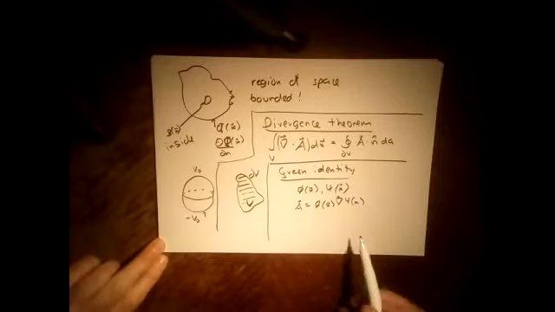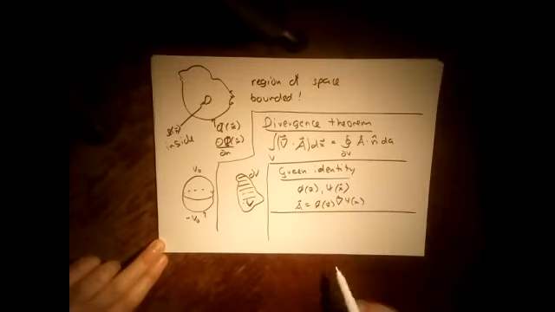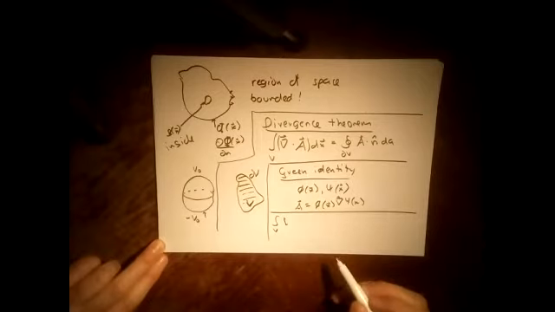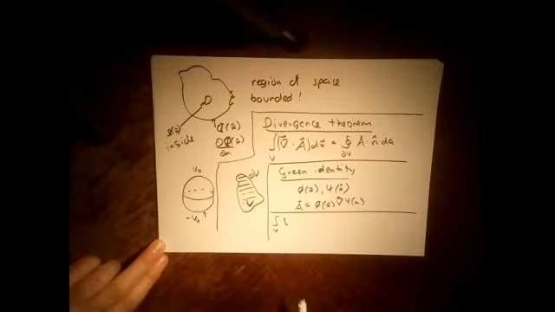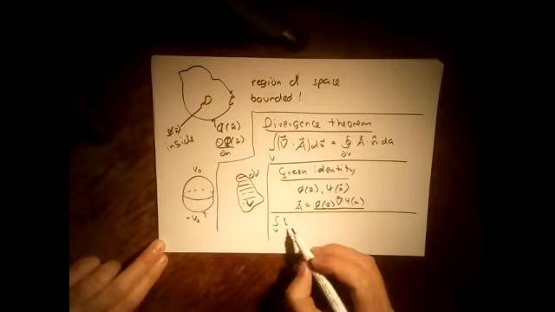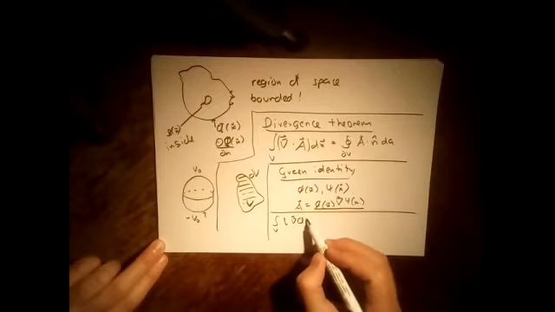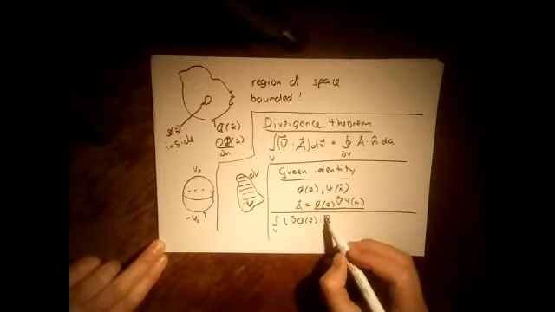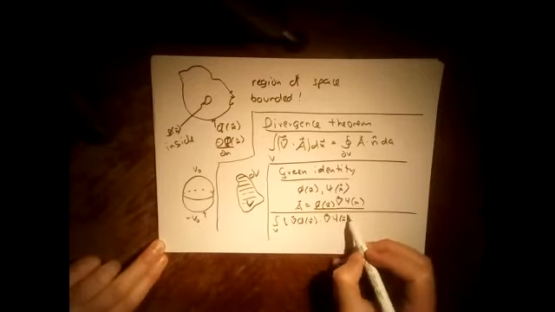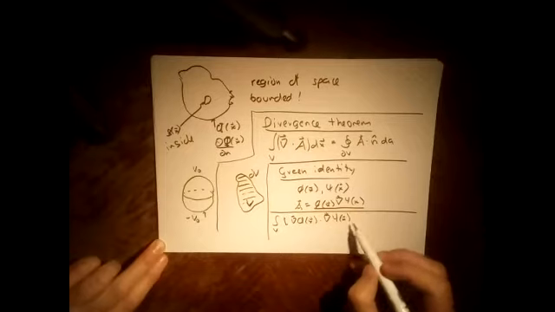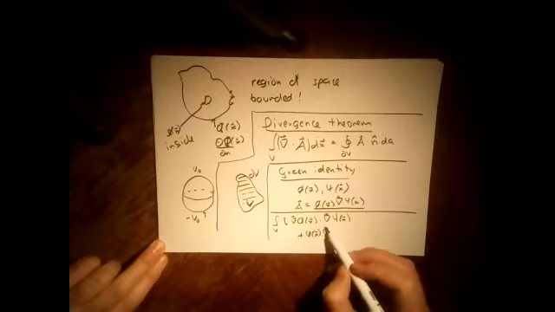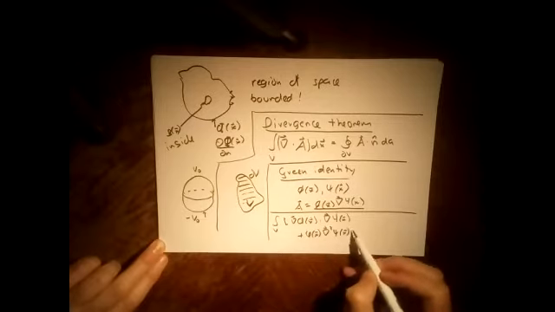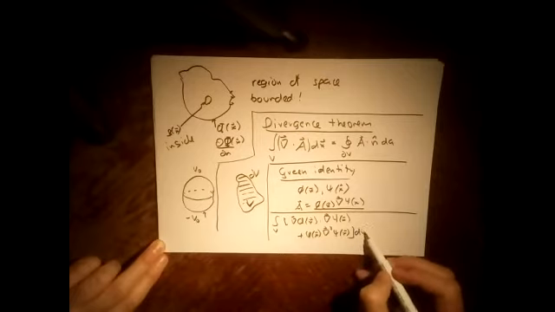If we go back to the divergence theorem, what we get is an integral over the volume of the divergence of all of this, and the divergence of this is the gradient of phi scalar product gradient of psi, plus phi Laplacian psi, integrated over the volume.